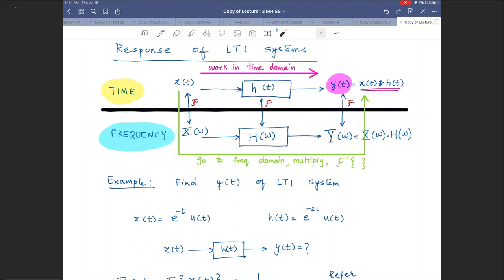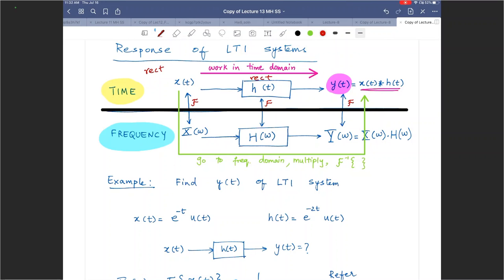If the time domain is easier, should we still go into frequency? Not necessary, right? If the time domain is easier, all right. Let me take an example. Let us suppose you had a rectangle here and a rectangle here. If you had input as a rectangle and impulse response as a rectangle function in the time domain, which approach will you take?